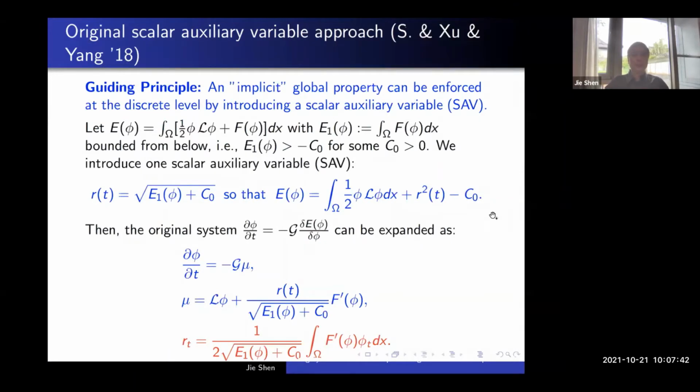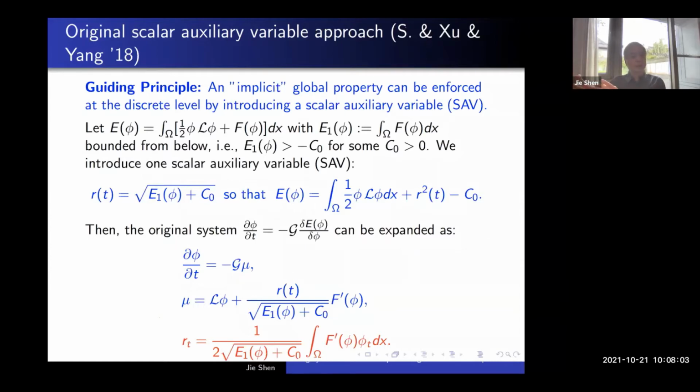So I will start with the original scalar auxiliary variable approach. And the guiding principle of this approach is very important. It's any implicit global property, no matter what kind of property.